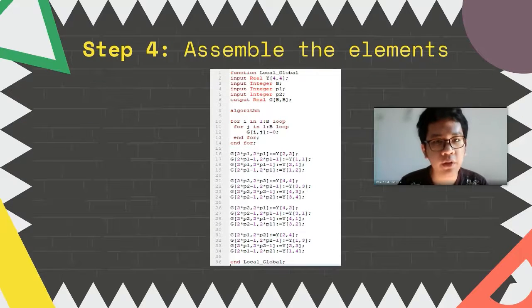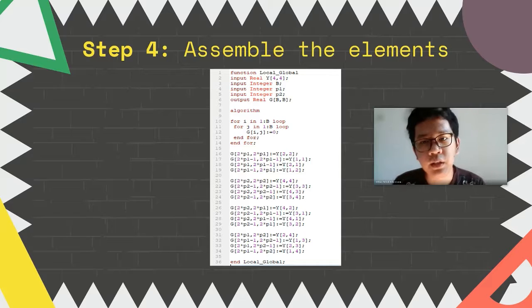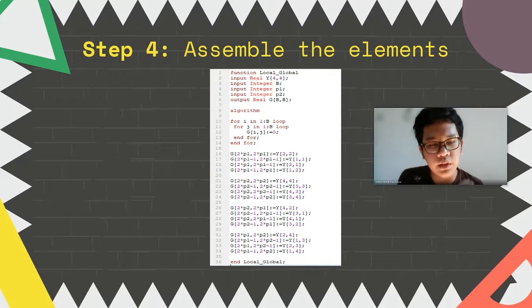Next, step 4, assemble the elements. From the function before, now we assemble the elements from the step before. We use the real y 4 comma 4, integer b, integer p1 and integer p2. And the output we want to have is real g b point b. The algorithm is the same as the step before.